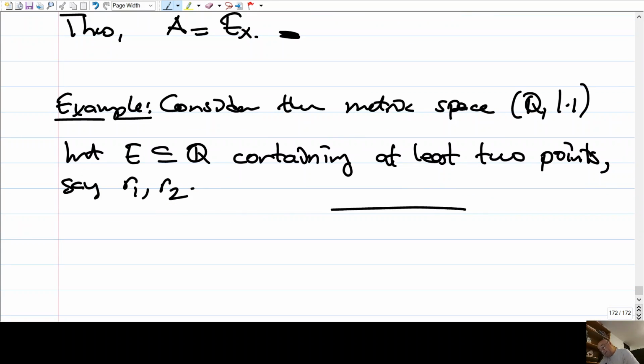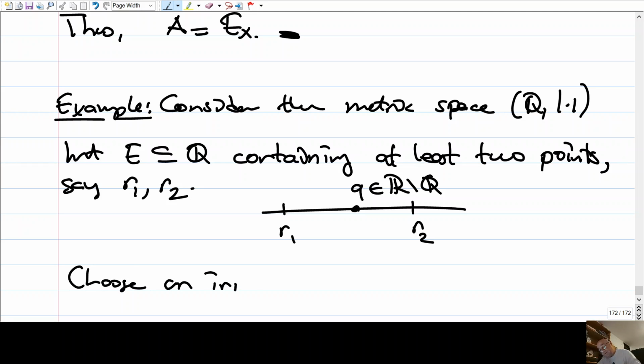Well, between any two rational points, you can always find an irrational number, right? Choose an irrational number q in this interval (r1, r2).